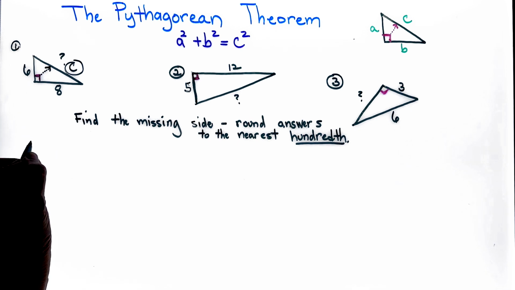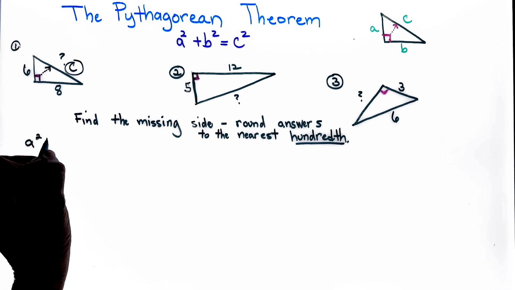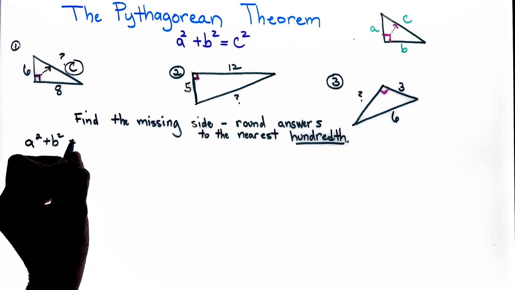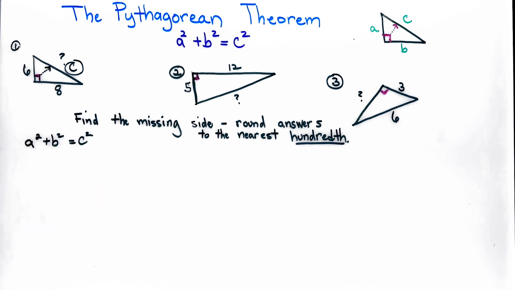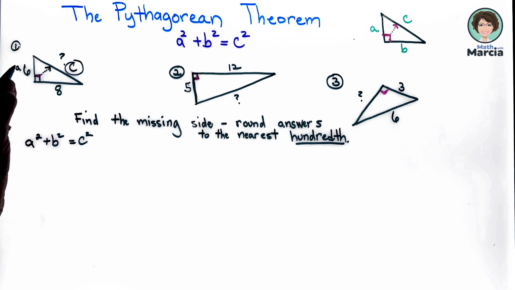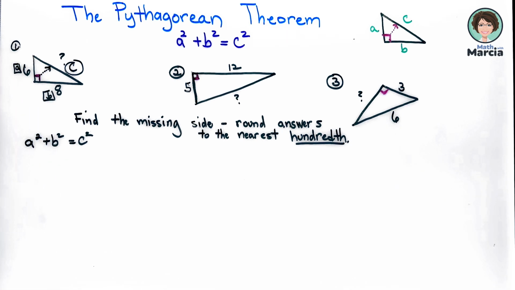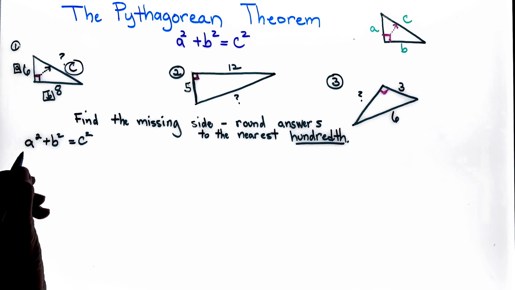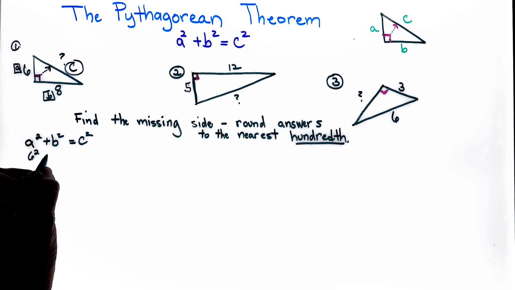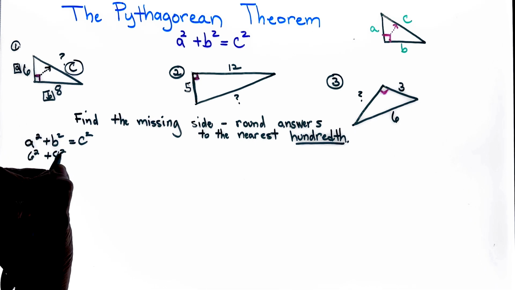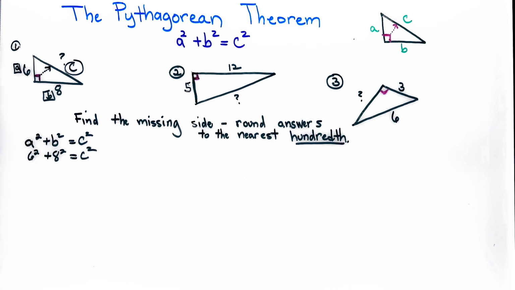So I'm going to write the Pythagorean theorem, a squared plus b squared is equal to c squared. I'll call this side A and this side B. It really does not matter which one you call A or B, but C is most important. So I'm going to write 6 squared plus 8 squared is equal to c squared.